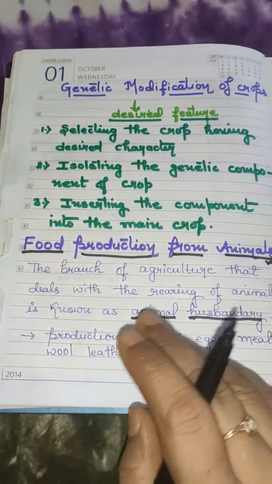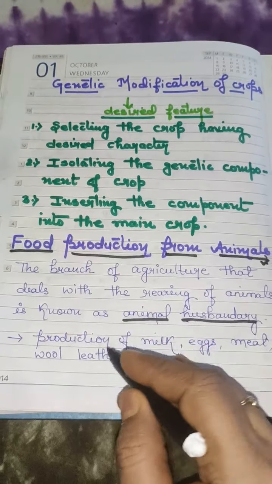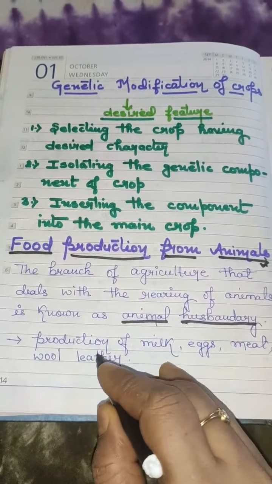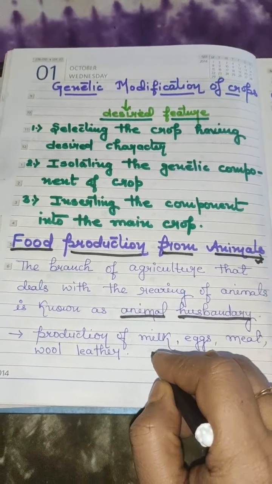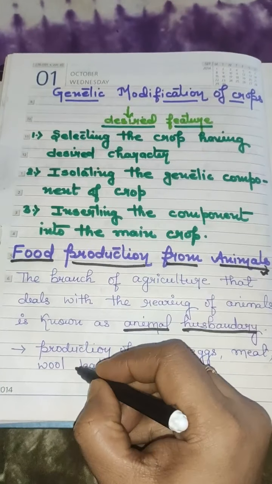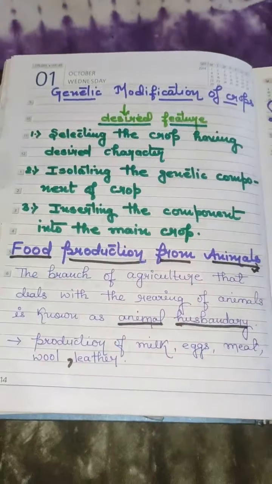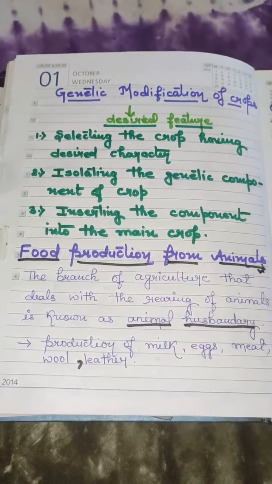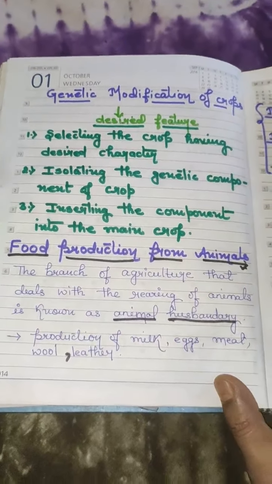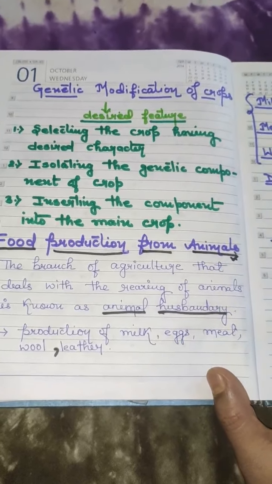Animals again played a very important role in our daily life. The first important role is the production of milk, eggs, meat, wool and leather. They are the important products that we get from animals, and hence we have to take care of these animals, or rear them.